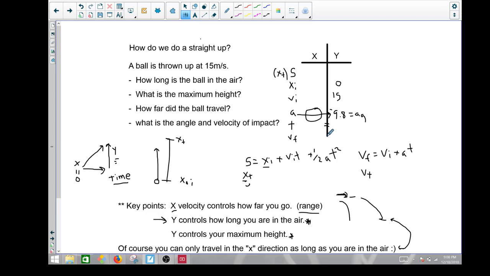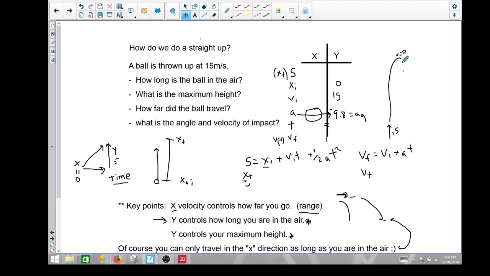Velocity final depends on what time we are, so velocity final is just velocity at some time t. What I'll point out is I'm going to shoot my ball up at 15 meters per second. This is stuff we've already dealt with, but just so you know some things about velocity, it's going to go up to the peak, and the velocity at that point is going to equal 0.